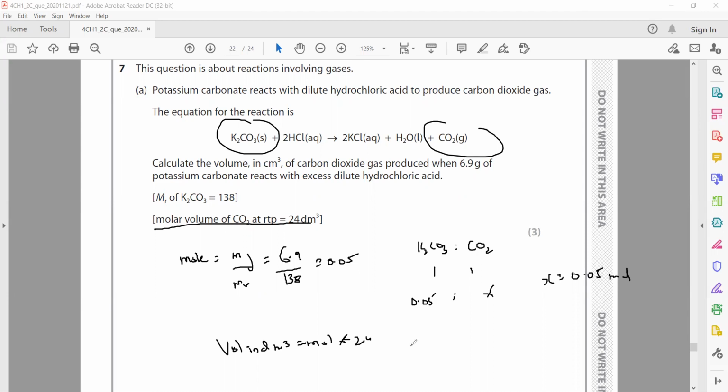So 0.05 multiplied by 24 gives the answer in dm cube, which is 1.2 decimeter cube, but we have to convert it into cm cube. We'll multiply by 1000, which is 1200 centimeter cube.